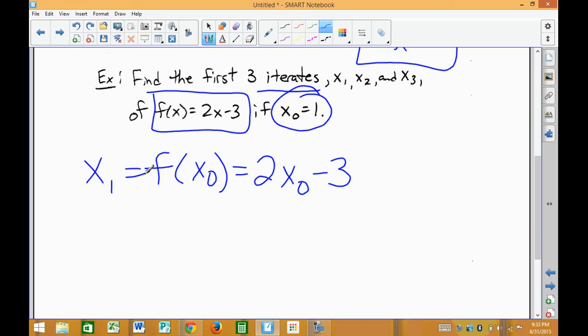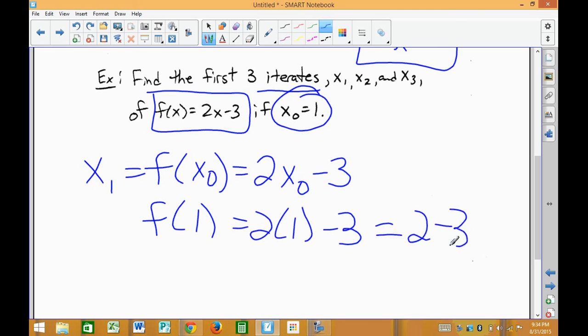So to find the first iterate, you plug in the initial value x sub 0 in for x. Well, what would that be? f of x sub 0 is f of 1, or 2 times 1 minus 3, 2 minus 3, negative 1. So x sub 1, or our first iteration, would result in negative 1.